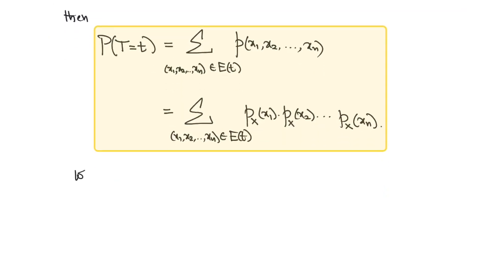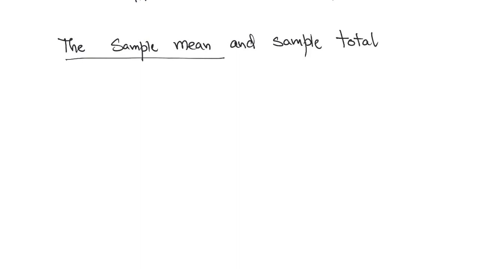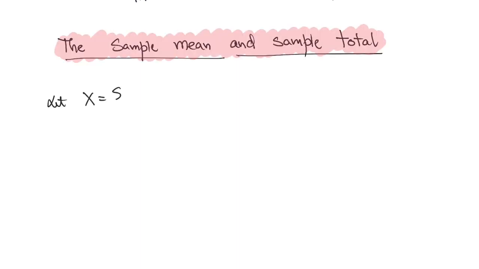And we have noted earlier that the joint distribution function p can be calculated as the product of the common PMF of the x's.